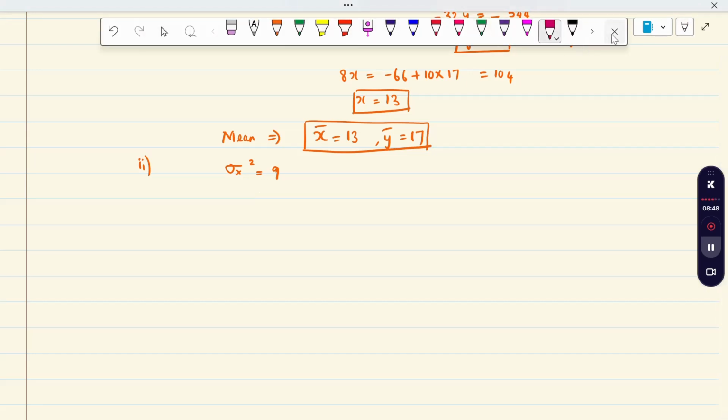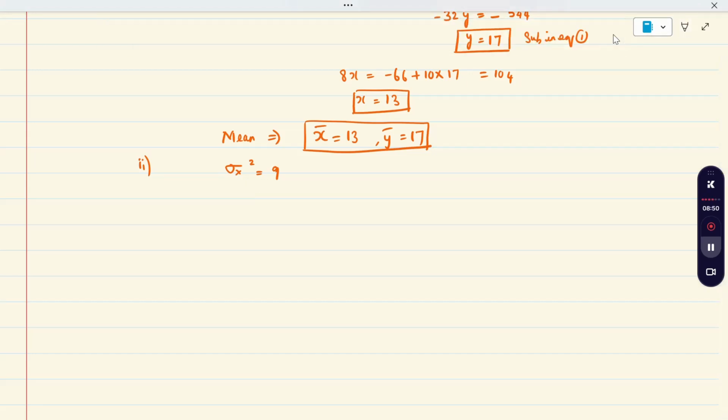When I calculate it, we know the formula: b1 divided by b2 equal to sigma y squared divided by sigma x squared. What I need to calculate should be on the other side. So sigma y squared equals sigma x squared into b1 into b2.